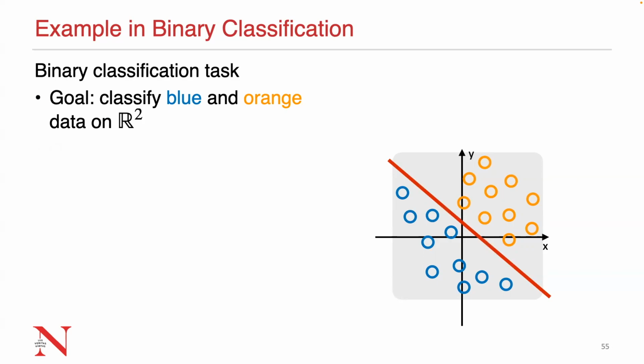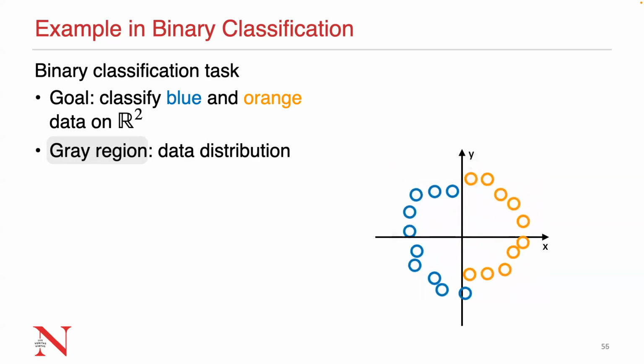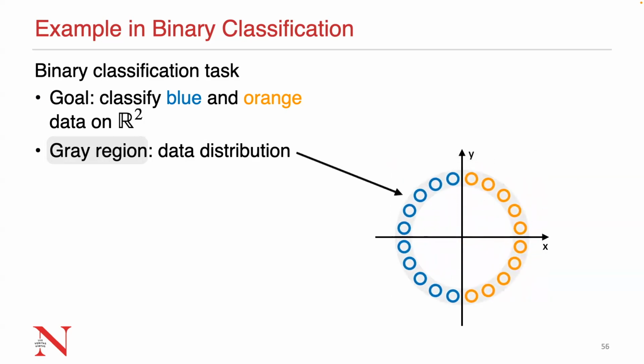So the green region is the data distribution. Let's consider there's some structure of the data where the data distribution forms a ring. So now the green region is only the ring here. Since there's some structure of the data, we can consider using some equivariant architectures to better solve the task.